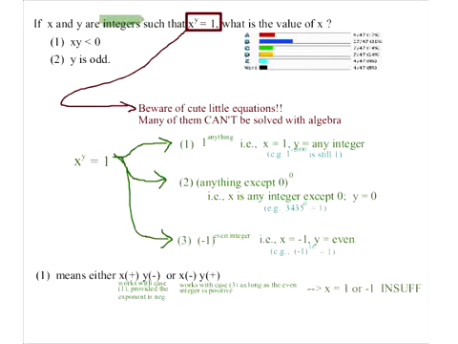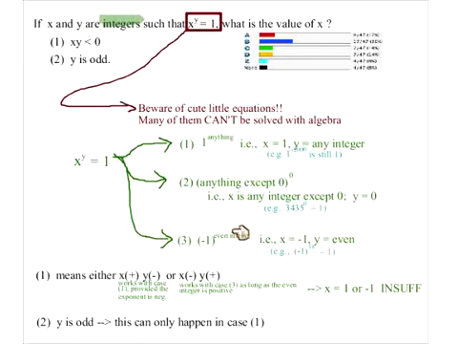On the other hand, statement 2 means y is odd. The only place where that can happen is in case 1, because in this case y is 0, which is not odd, 0 is even. And in any case, all that matters is that 0 is not odd in this case.